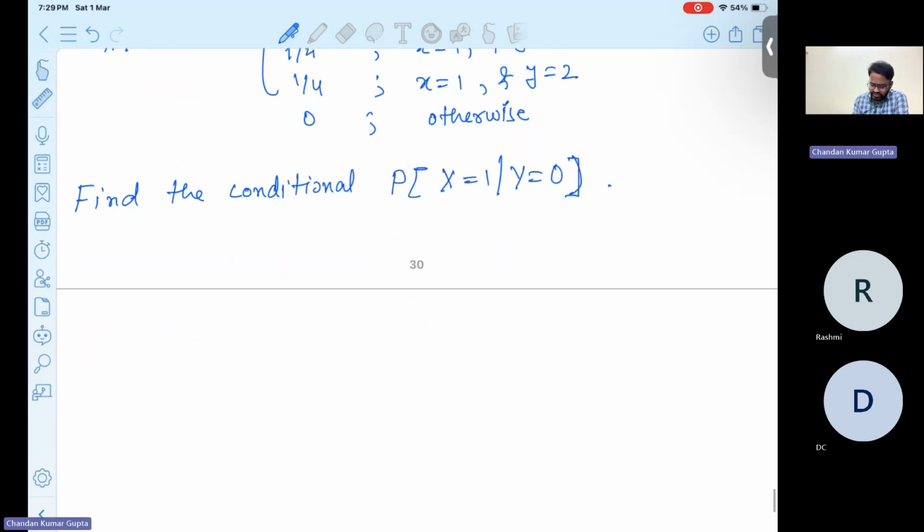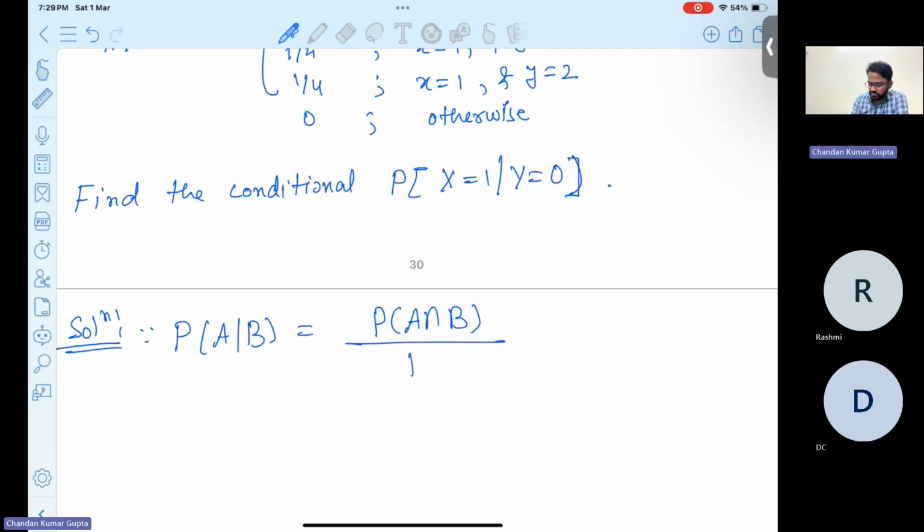So let's start with the same basic formula: probability of A given B is probability of A intersection B upon probability of B, where probability of B is greater than 0.